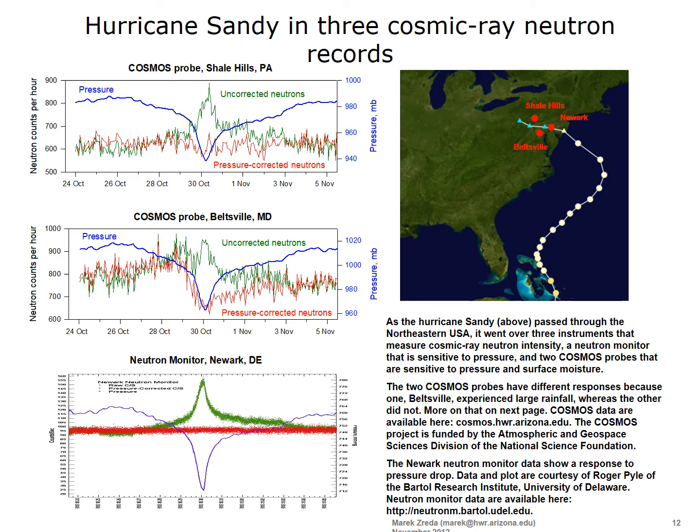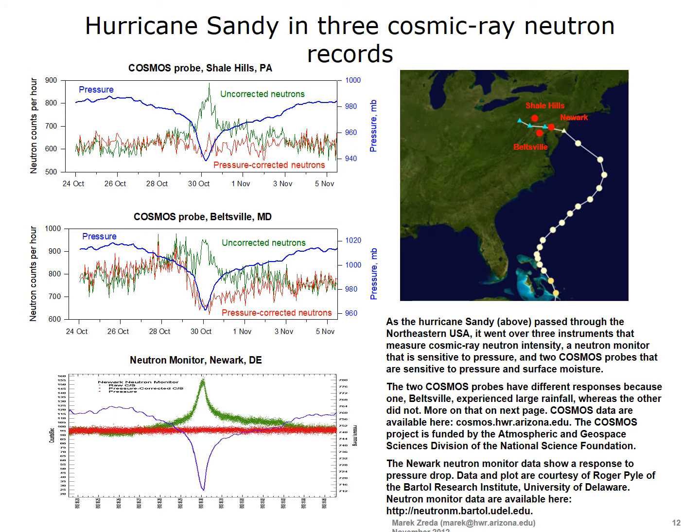You can see the blue curve. On the x-axis is the day: October 24, 26, 28. This indicates pressure variation. Then on October 30, you see the pressure is lowest.